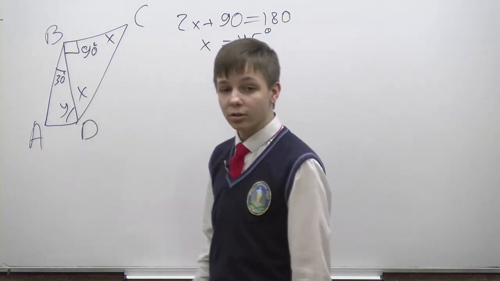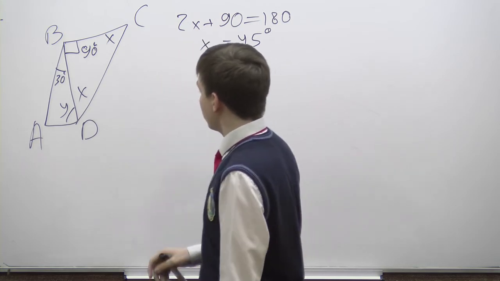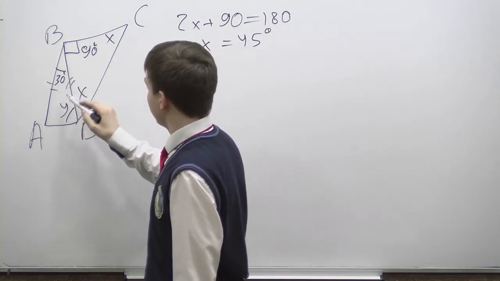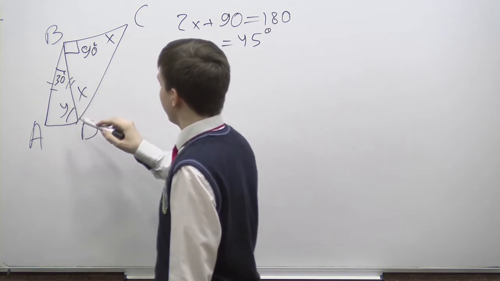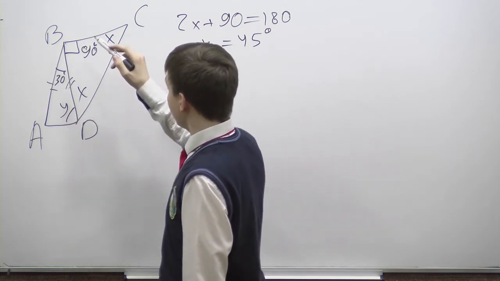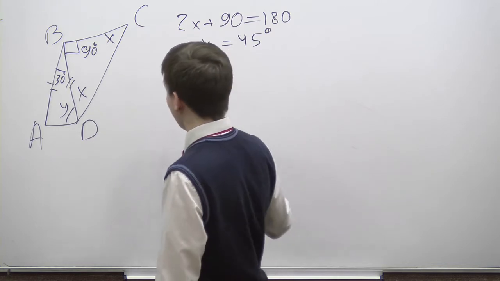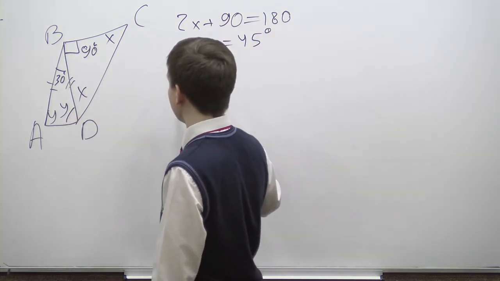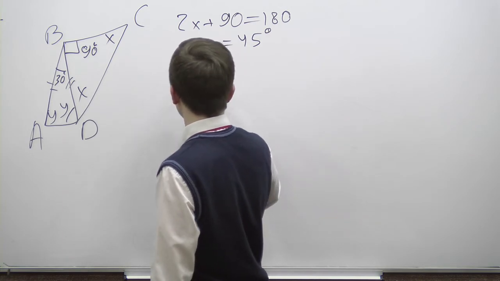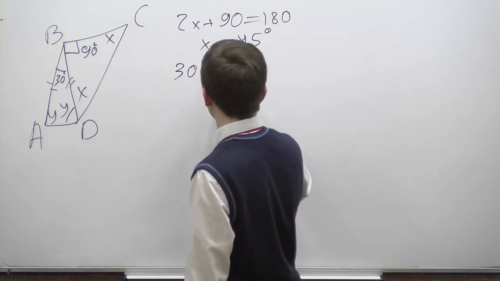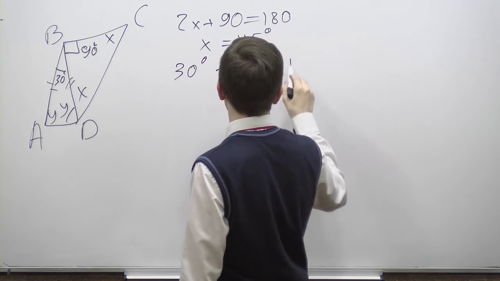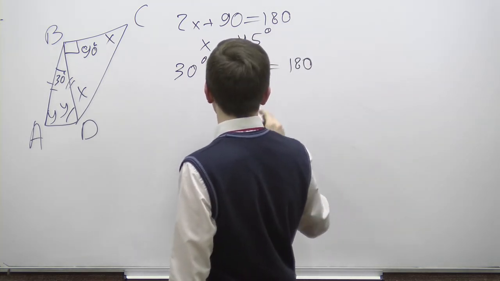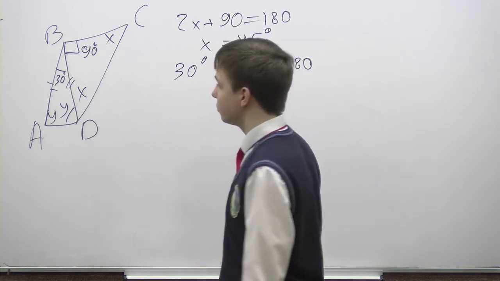Then we can find y. So this triangle is isosceles, and angle BAD equals angle BDA. So we can use this theorem and make the equation 30 degrees plus 2 times y equals 180. So y equals 75 degrees.